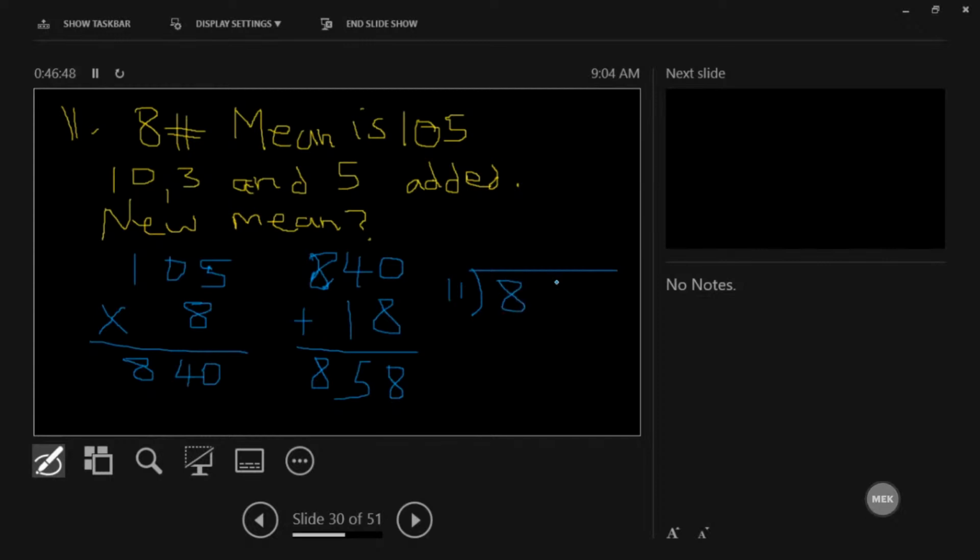All right, so 858 divided by 11. 11 into 85, that goes what? 7 times? So that's 77. So remainder 8, I believe. And 11 into 88 goes 8 times. So the new mean is 78.